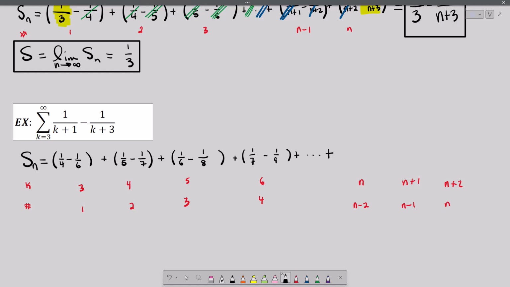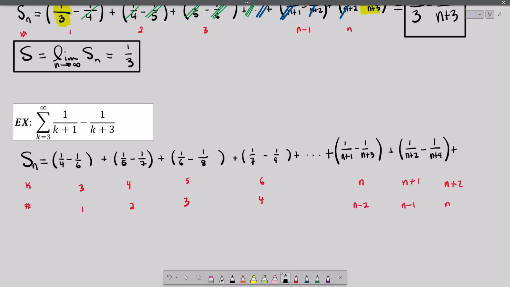Okay, so we're plugging in n. So we're going to get 1 over n plus 1 minus 1 over n plus 3. So that right there is the n minus second term. The n minus first term, we're going to plug in n plus 1 right here. So we're going to get 1 over n plus 2 minus 1 over n plus 4.